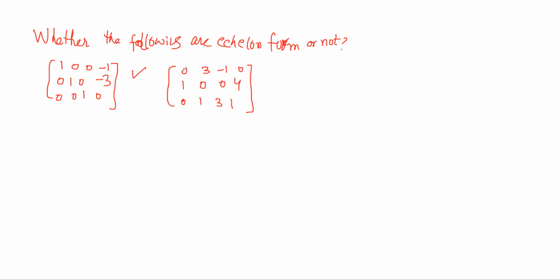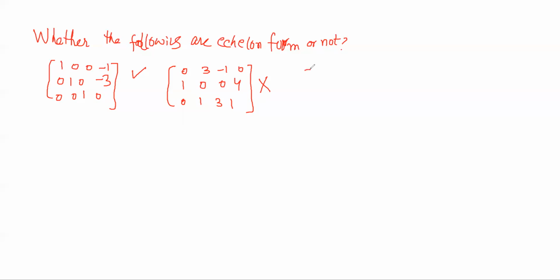No, because the first leading term is 3, and the leading term in the next row should be towards the right of 3, but here it is to the left. To make it echelon form, we need to interchange these two rows, but we don't want to now. So we will simply say that it is not in echelon form.